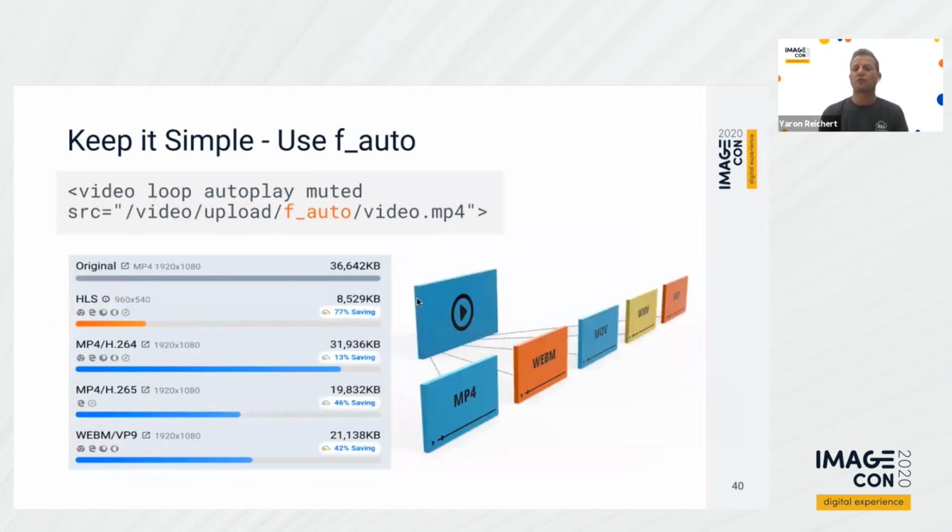Using Cloudinary auto format, or f_auto, is exactly for that. You can simply add f_auto to your video URL, and Cloudinary will automatically detect each viewer's device capabilities and deliver the right video format and codec for them. By using f_auto, we leverage modern codecs, but only where possible, and gain both user experience and cost-saving benefits.